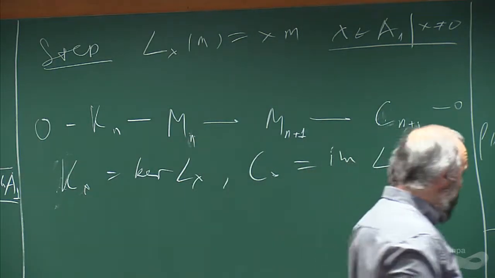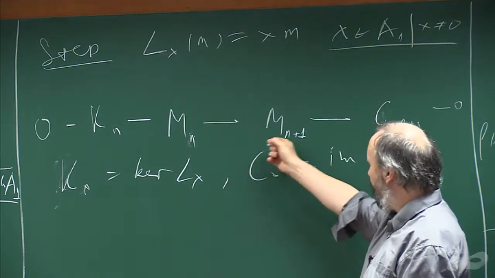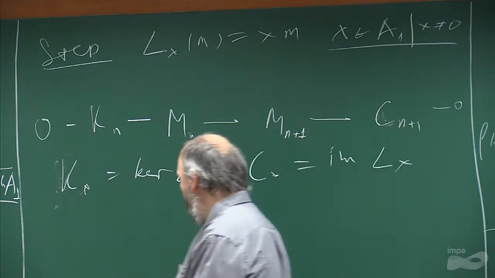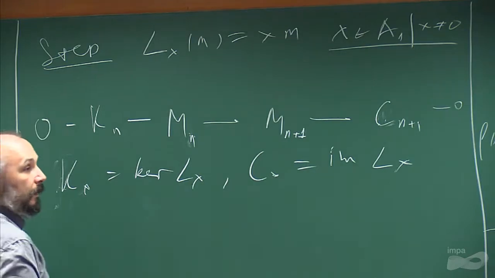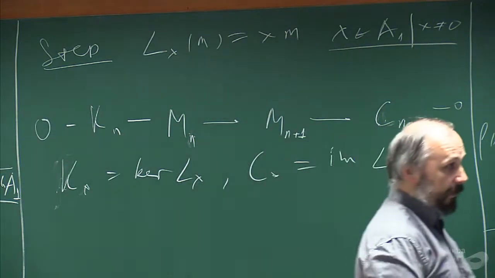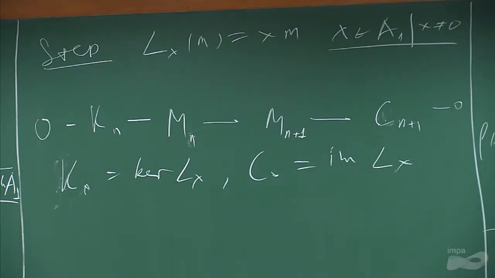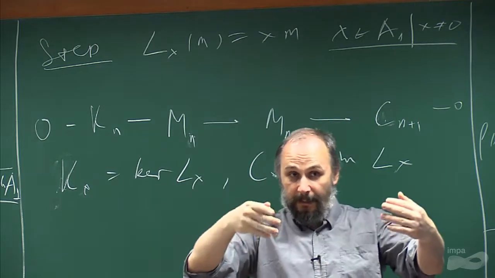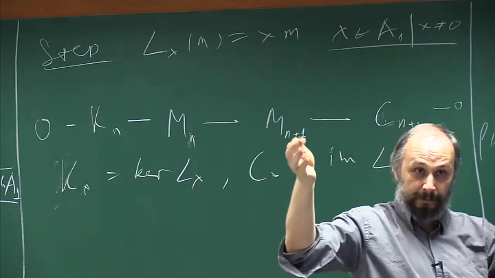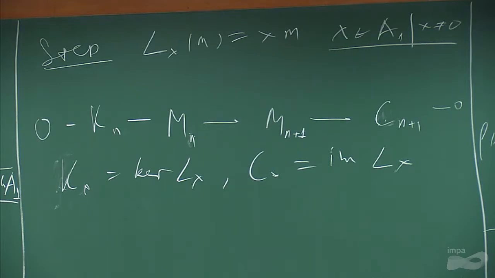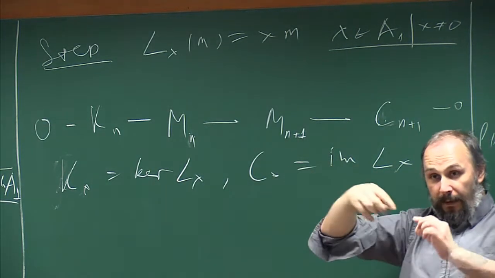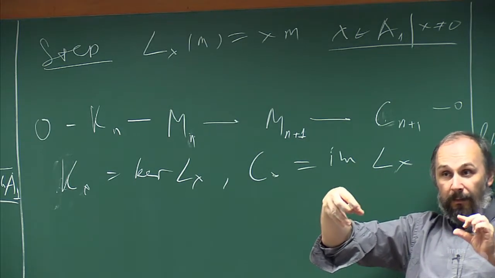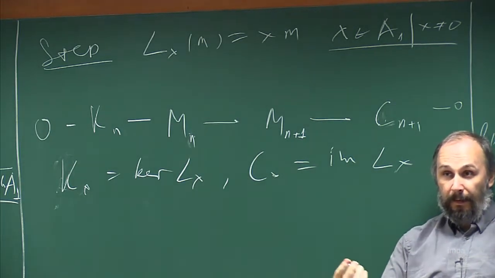However, if you have an exact sequence of finite dimensional vector spaces, you can sum up dimensions and obtain 0 if you do it with signs. For instance, if you have a short exact sequence, then the middle group has dimension equal to the sum of the left and the right. And the same is true for any long exact sequence, which you can just split into a direct sum of exact sequences of three.